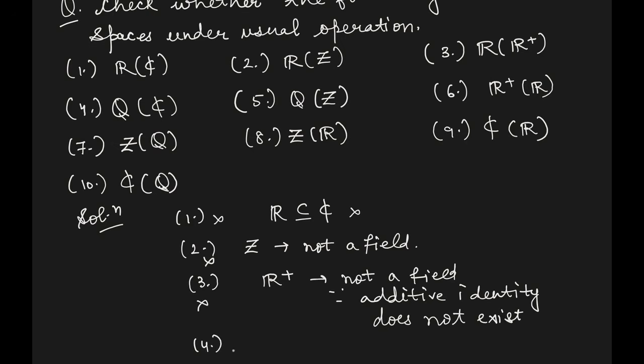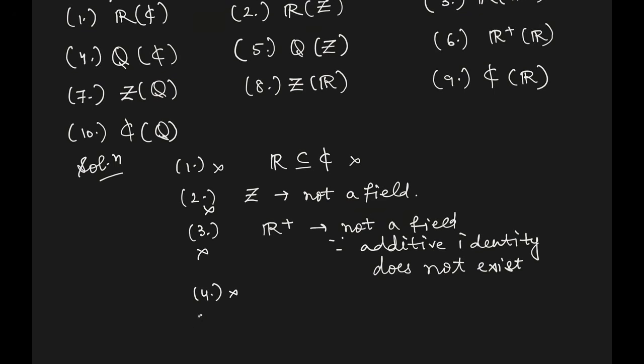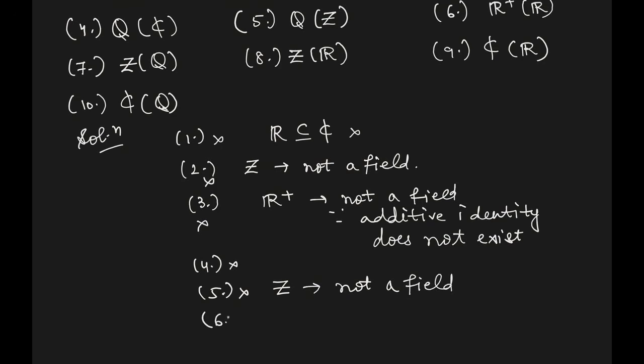Then fourth also, the trick is failing. Yes. Fifth, that again is not a field. Sixth, in this case R is a field, but R plus into R is not always R plus.